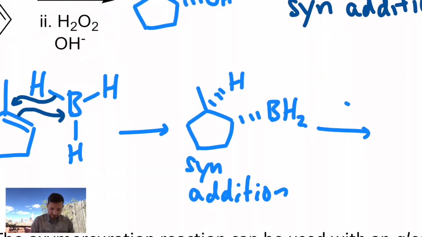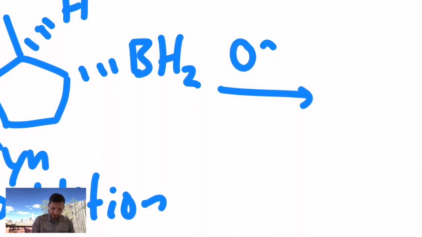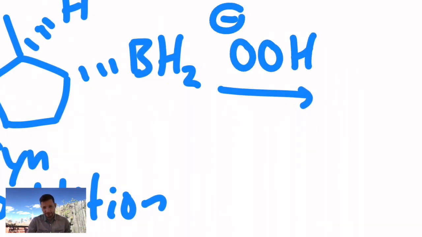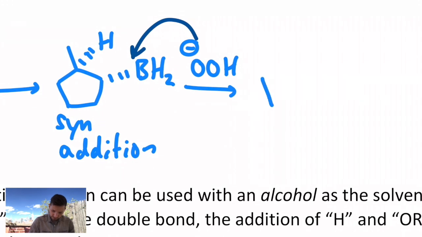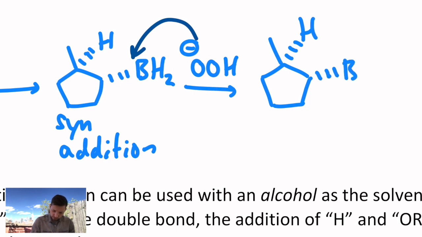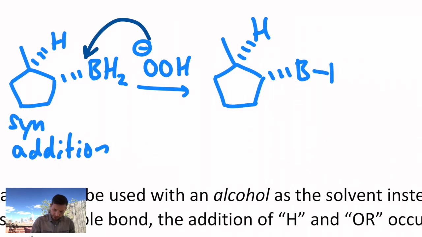Basic peroxide looks like OOH minus, that's the peroxy anion, and that will form a bond with the boron. Everything else is along for the ride. So now I have a new boron oxygen bond and an OH, and as a result I have a negative now on the boron.